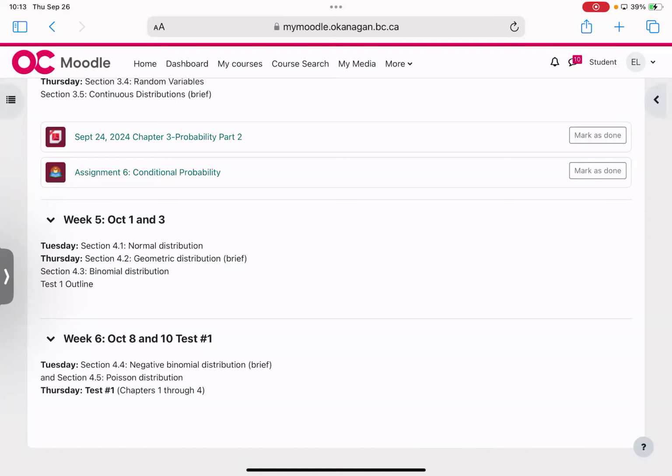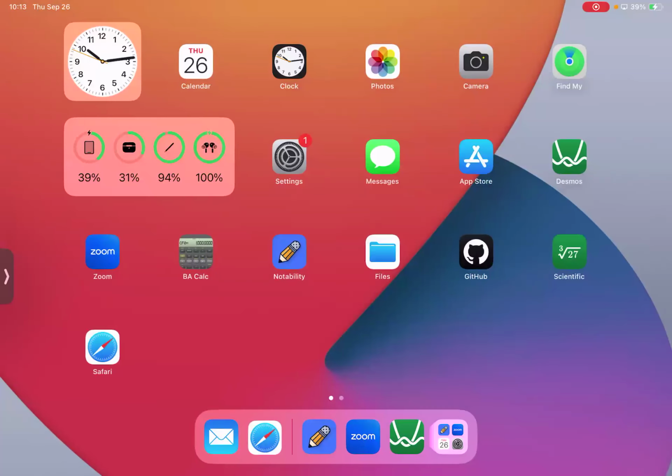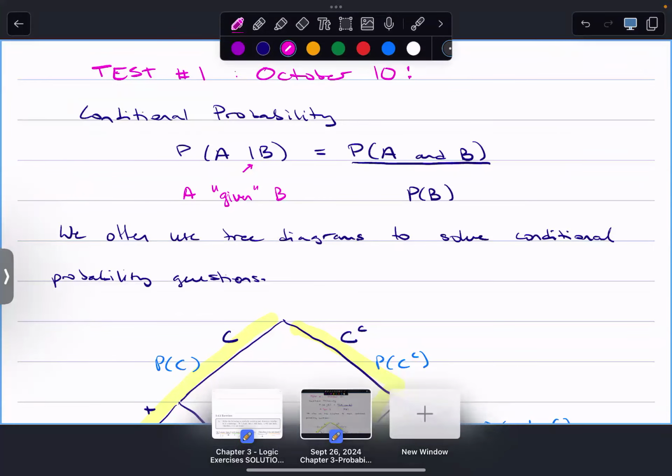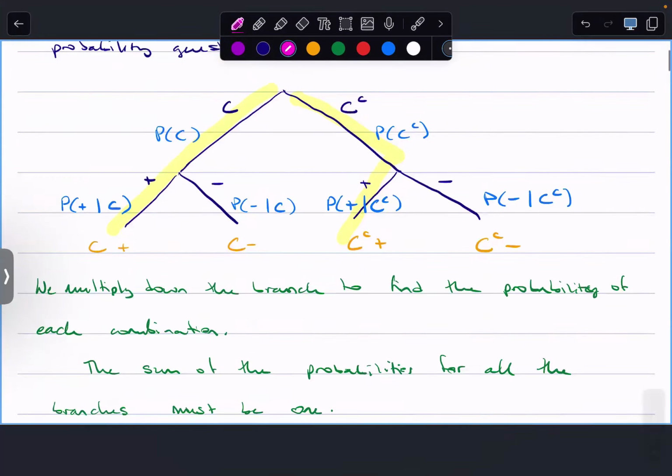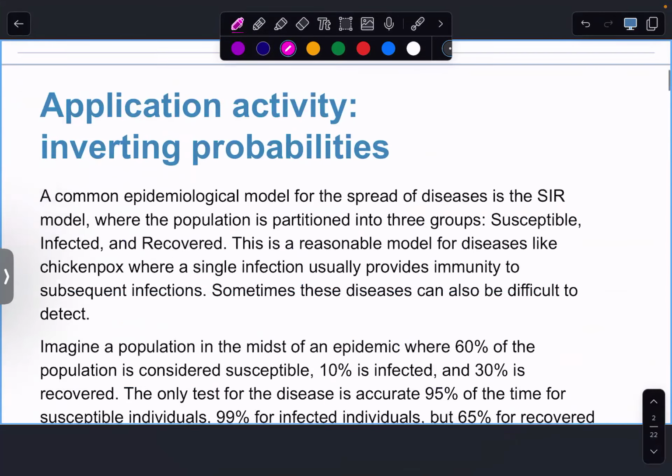But in that case, because it's on the Tuesday and the test is on the Thursday, I usually do it as a bonus question, right? Okay, good. There, I said it. Almost forgot again.